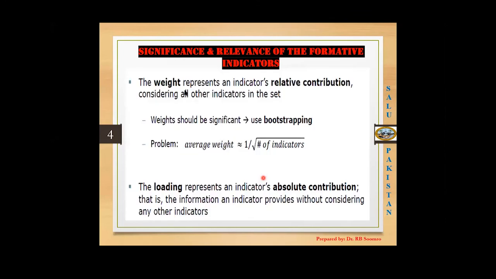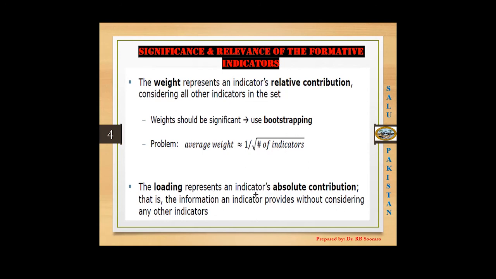The weights represent the indicators' relative contribution considering all indicators in the set. Each weight tells you how much the indicator's relative contribution is in the model. Weights should be significant; use bootstrapping. We can check the average weight by dividing by 1 over the number of indicators, and their square root.